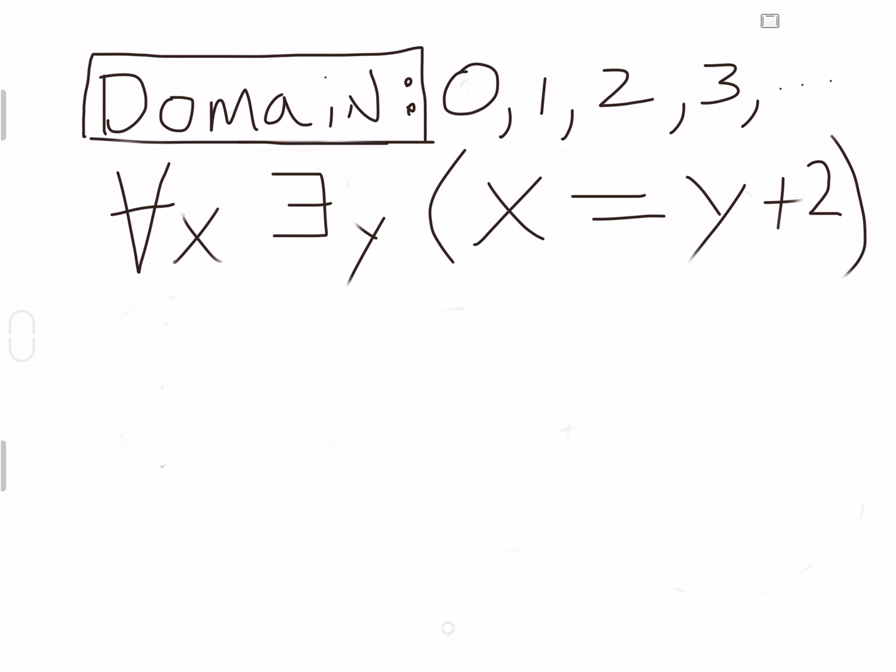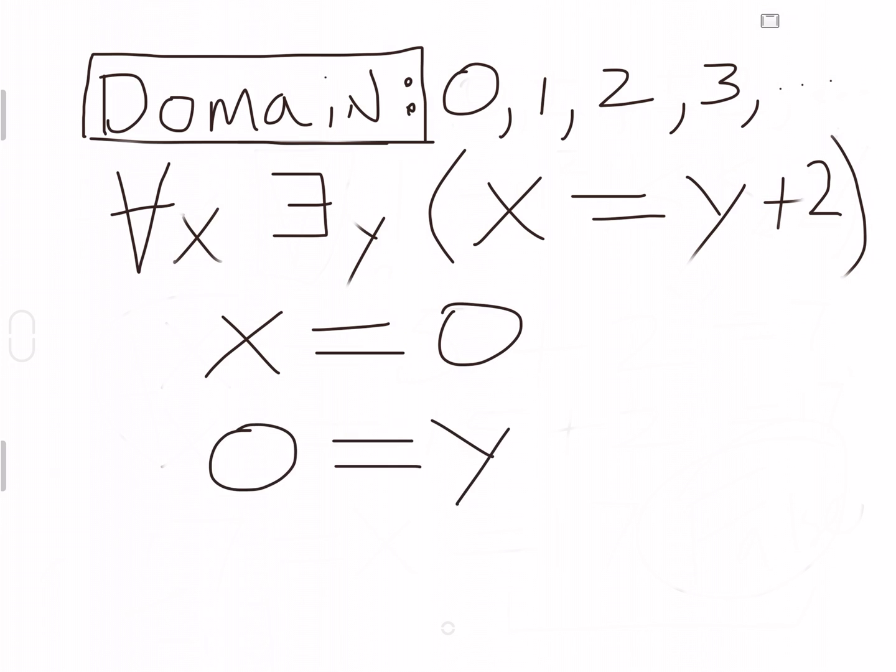But this isn't true for x equals 0. So let's consider x equals 0. If x is equal to 0, that's saying that 0 is equal to y plus 2. Solving for y, we get that y equals negative 2. But y equals negative 2 is not a natural number.